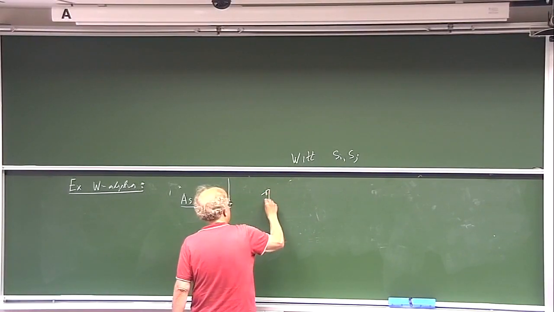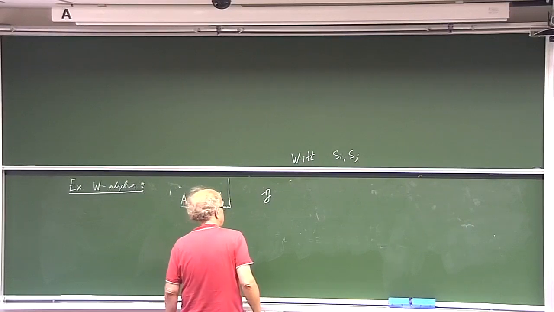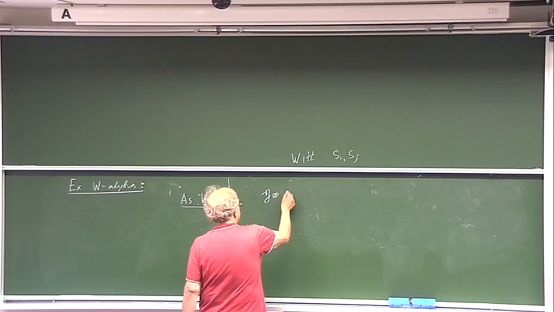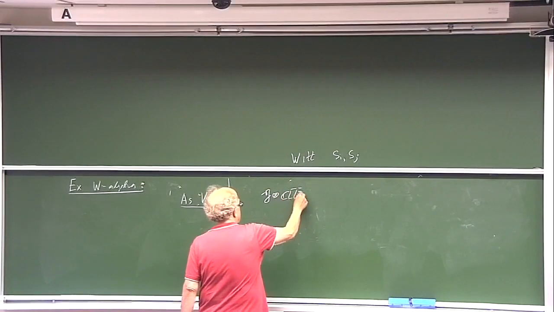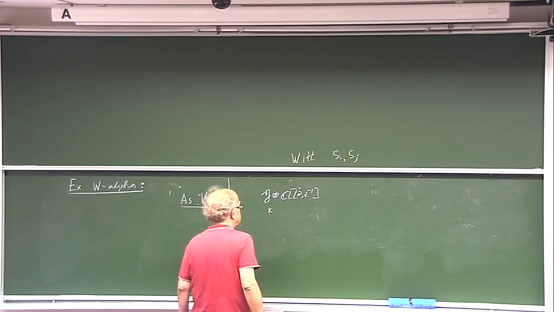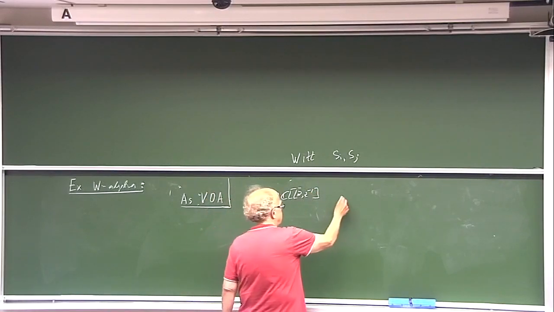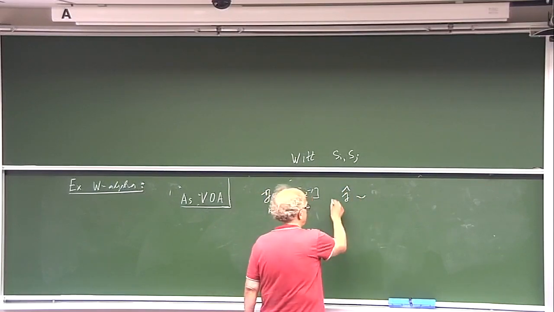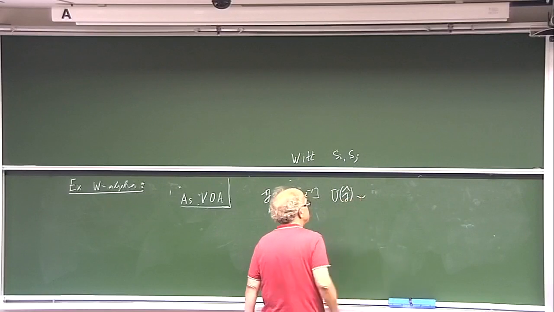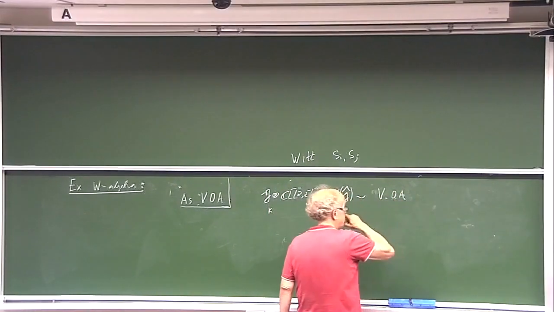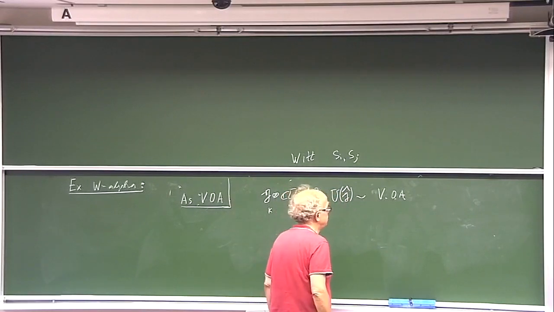If I have G, a semi-simple finite dimensional algebra, I can take the current algebra, consider the central extension, and this is the algebra G hat. G hat, or the universal enveloping of G hat, can be understood as a vertex operator algebra, which appears in conformal field theory, in Wess-Zumino series, and so on.